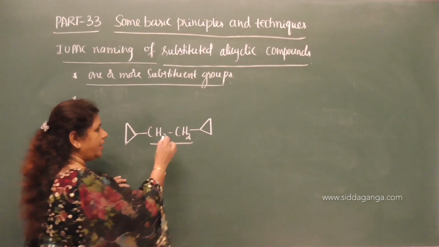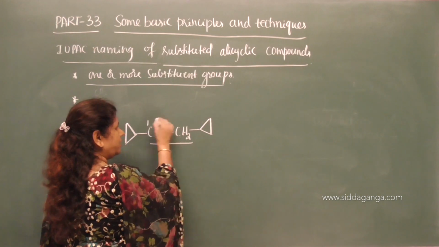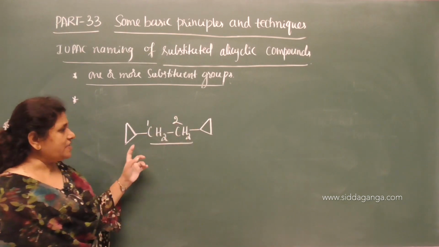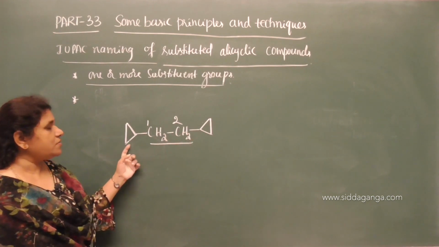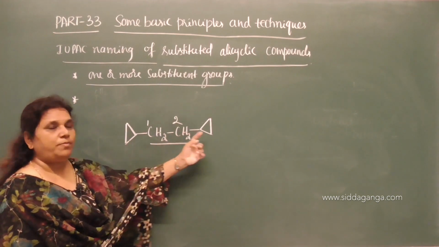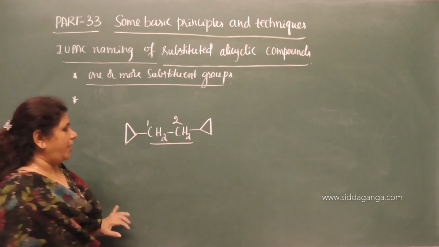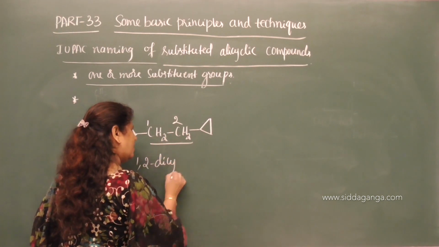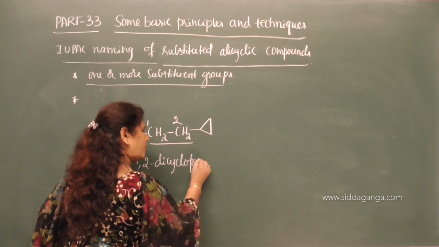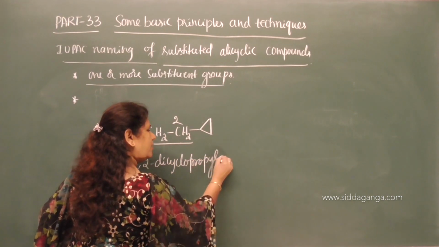What is this alkane? This alkane is ethane. On the first and second carbon we have two substituents. What are those two substituents? Cyclopropyl. So, there are two, and hence the name is 1,2-dicyclopropyl ethane.